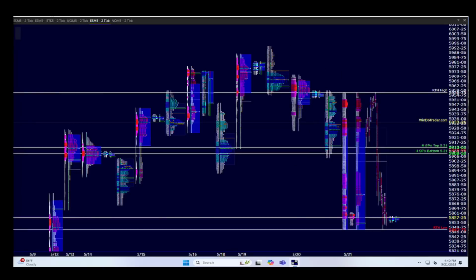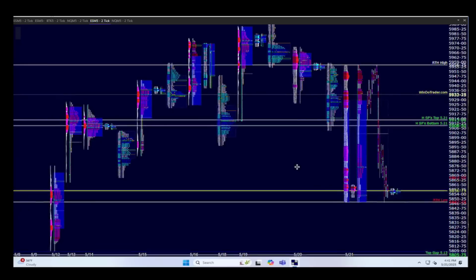So I think it'd be wise for us to take more of a cautious approach and see if this was an inventory correction or if this is something more long-lasting. And if it's something more long-lasting, that gap that's unrepaired from May 12th, that's the target, and you'll want to plug away at that.